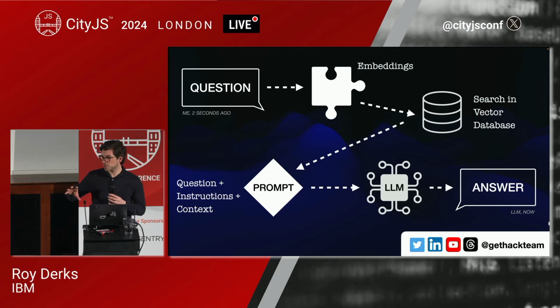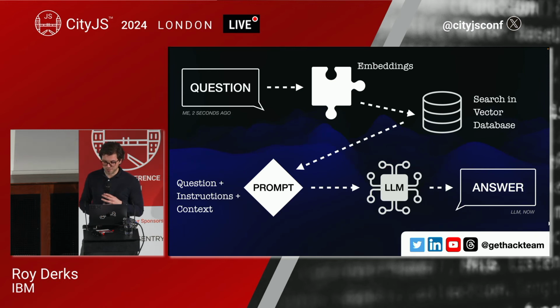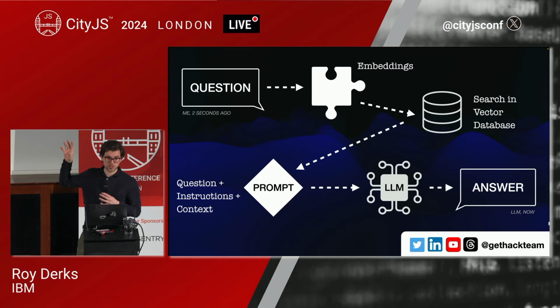So when you ask your question, it will be turned into embeddings. It's basically a vectorization of your question. And I could explain all this, but I also want to be considerate of other people's time. But basically, it vectorizes your questions, so you can use semantic search in a vector database to find relevant context. And in this vector database, there would be data that you uploaded yourself.